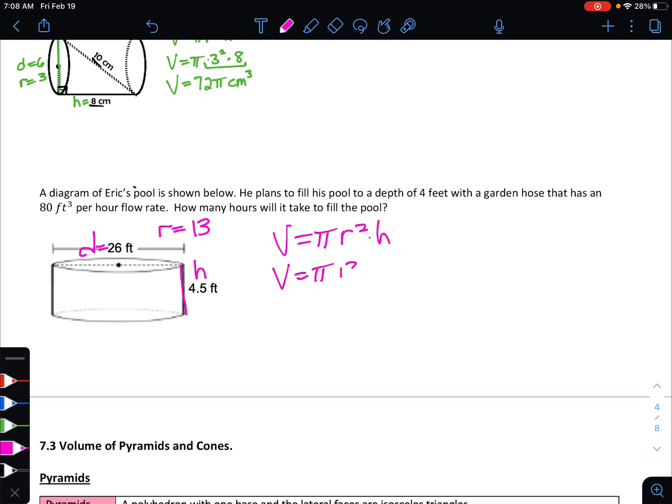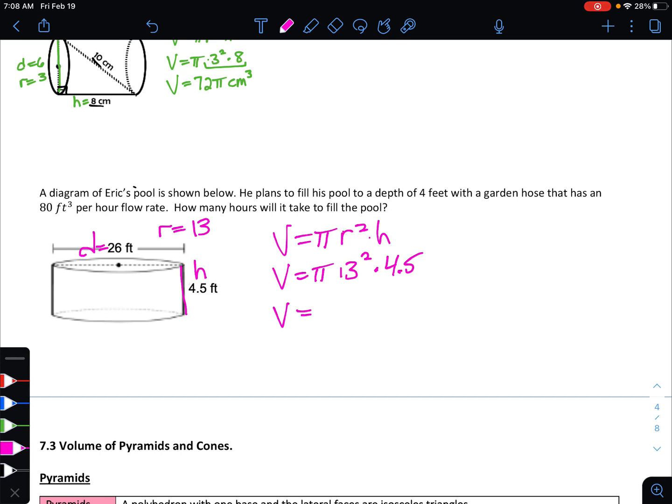Again, we now know what r is. R is 13, so that's 13 squared multiplied by 4.5. Because this is more of an application problem, let's just go ahead and multiply all those together. Make sure to use the pi button on your calculator as you multiply these numbers.